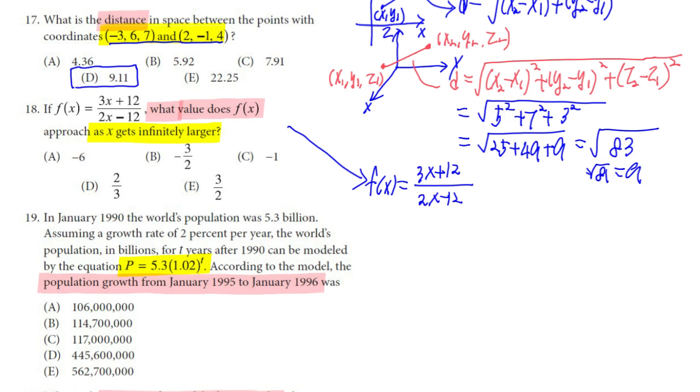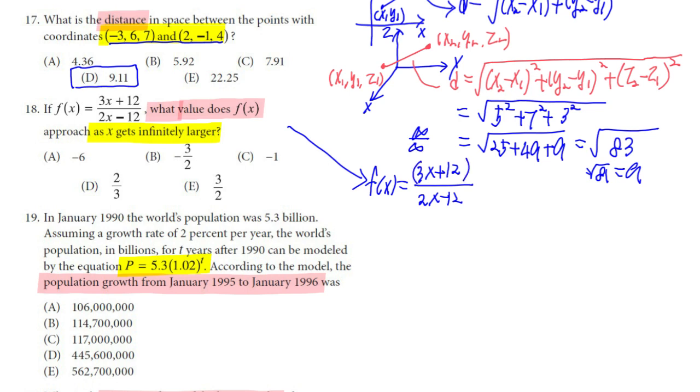When x approaches infinity, please note that the numerator approaches infinity because we have a 3x, right? And also the denominator also approaches infinity. So we have infinity over infinity form. So we must handle this one.